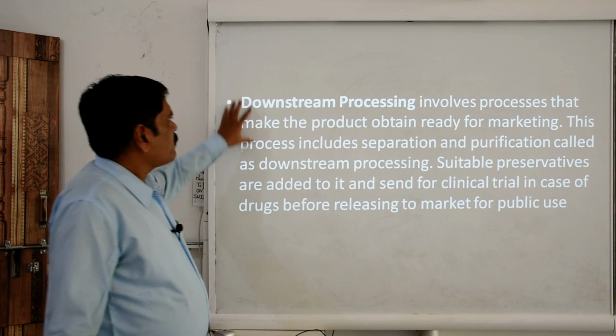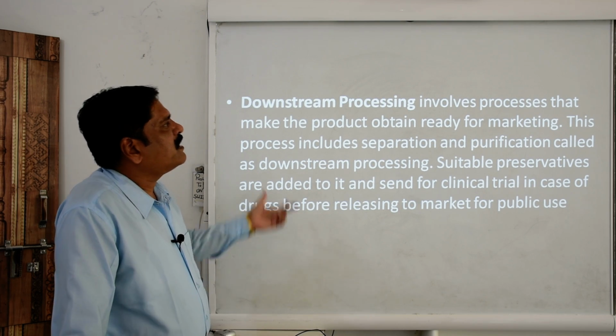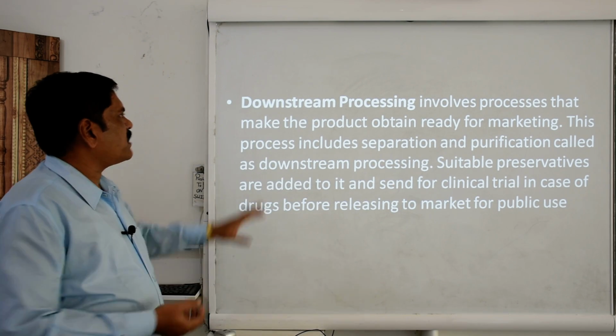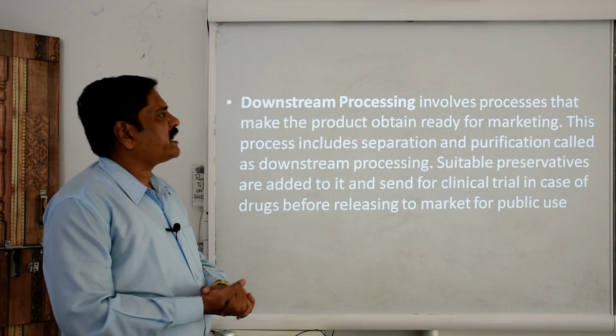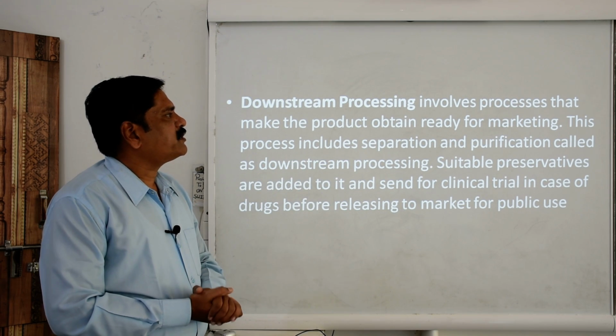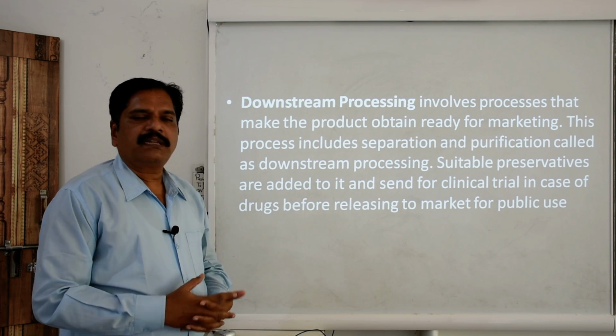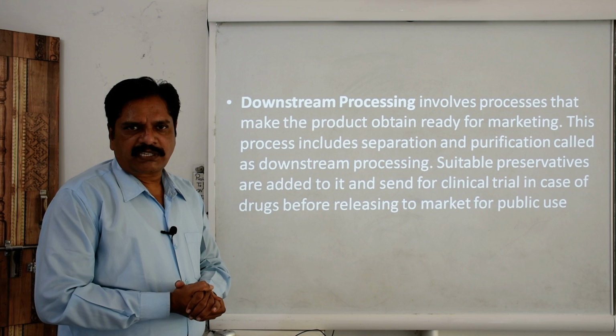Now finally we are going to discuss downstream processing. It is nothing special, it just involves the processes that make the product obtained ready for marketing, and this includes separation and purification, called downstream processing. That means what is downstream processing?